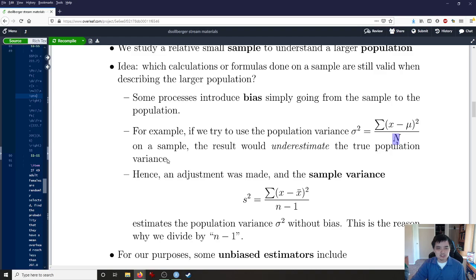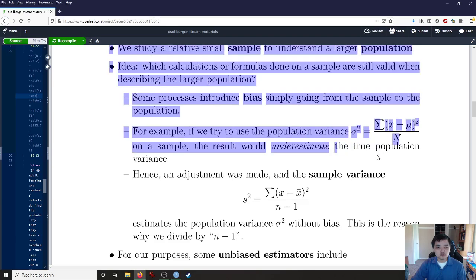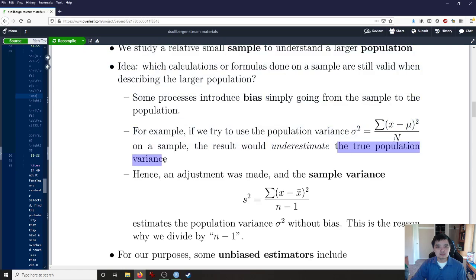But skipping ahead in the story, what happens is that if you do this version of the formula on a relatively small sample, and you're trying to describe the variance, how spread apart the numbers usually are for the much larger population, the result would underestimate what should happen for the true population variance.